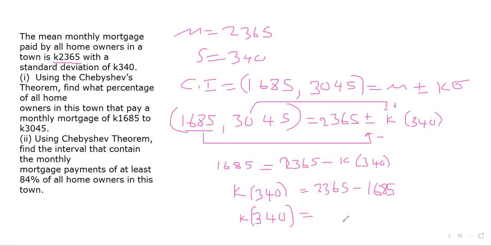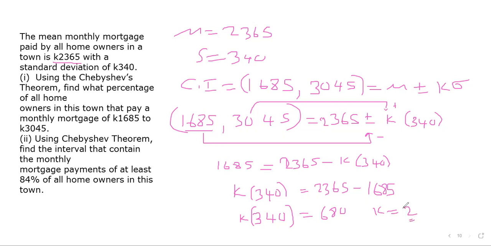So when we get the difference here, 2365 minus 1685, we get 680. We divide by 340, and we get 2. So our K is 2.